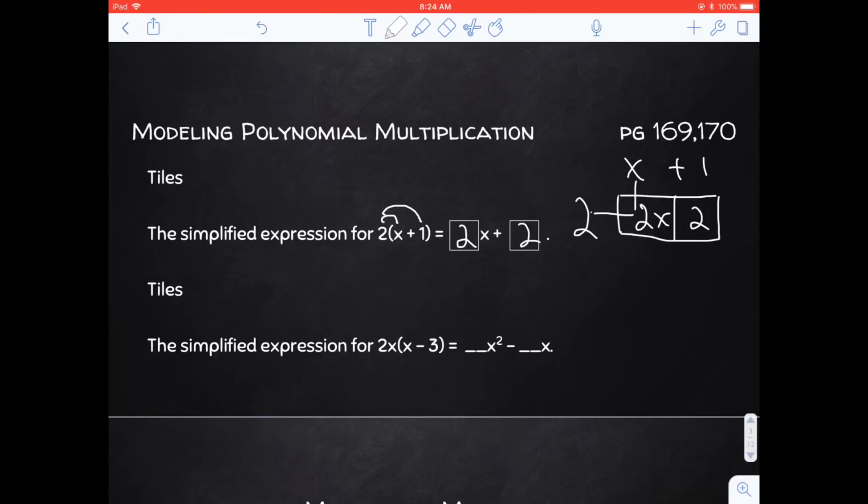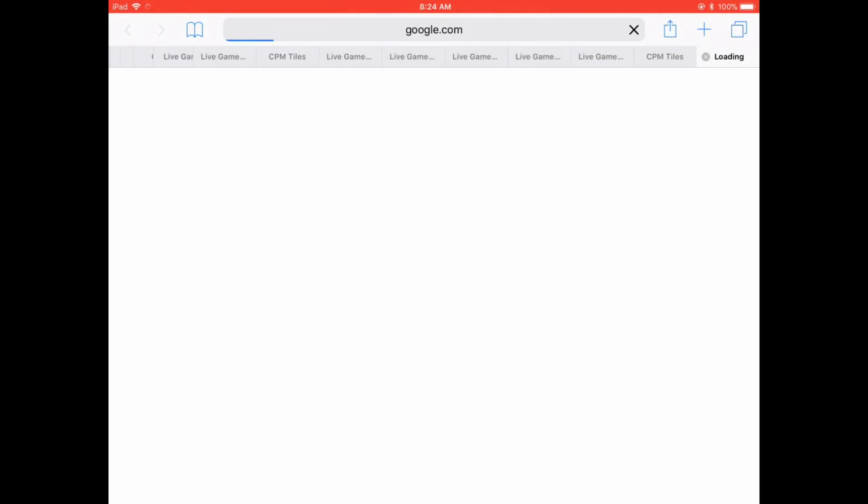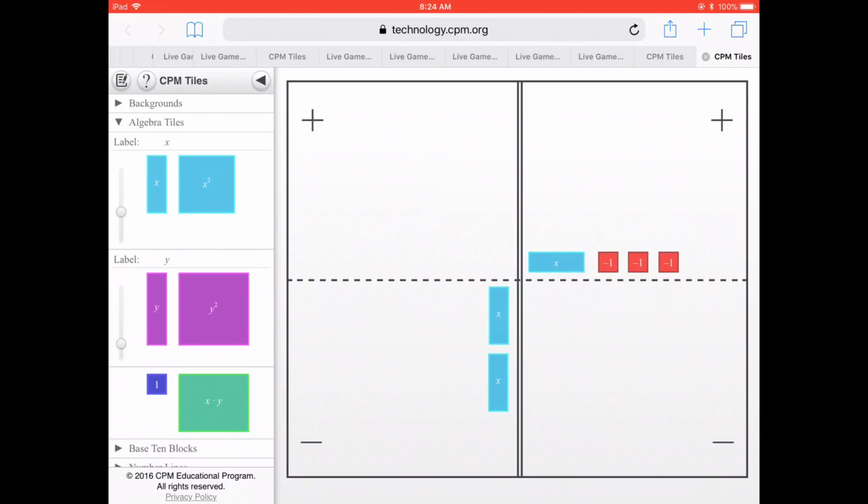So let's look at our next example there. So we have 2x times x minus 3. So again, we'll look at the tiles here. As you can see, I have 2 x's on the left hand side, and then I have an x minus 3, so 3 of those negative 1's there.